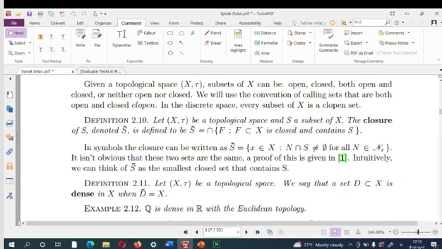Okay, please prove this equality as a practice or exercise. Okay, it is not difficult for you.